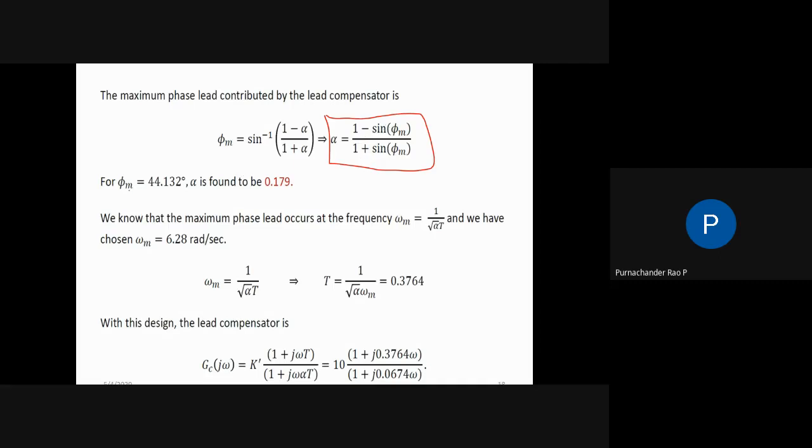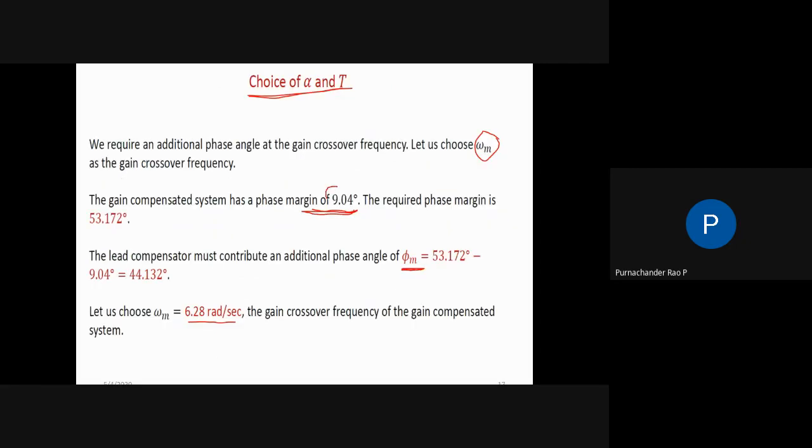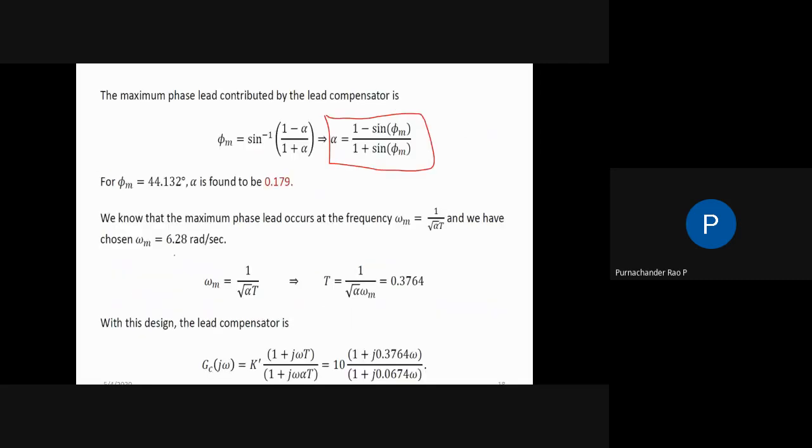You can use the phi m value here, which is nothing but 44.132. Substituting the sine of 44.132, you are going to get the value of alpha. This alpha will be equal to 0.179.